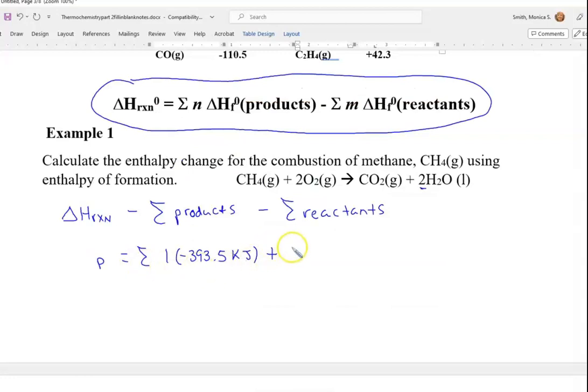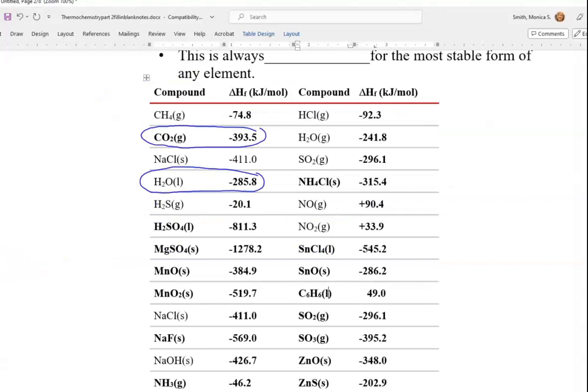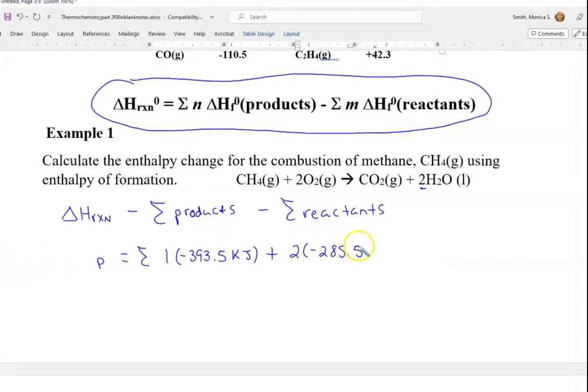And we're going to have 2 of them, so 2 times negative 285.8 kilojoules. I wrote 8 on my piece of paper; it's 285.8.